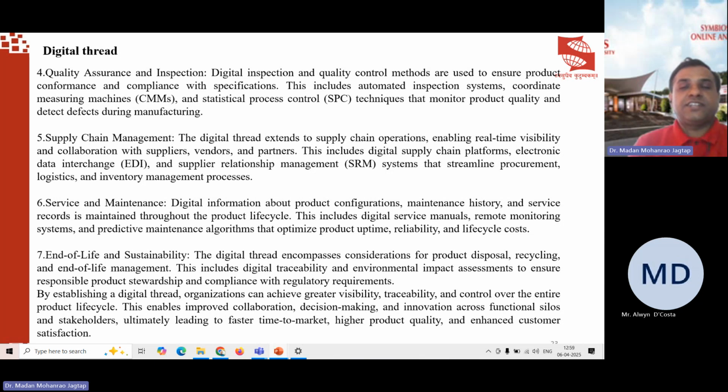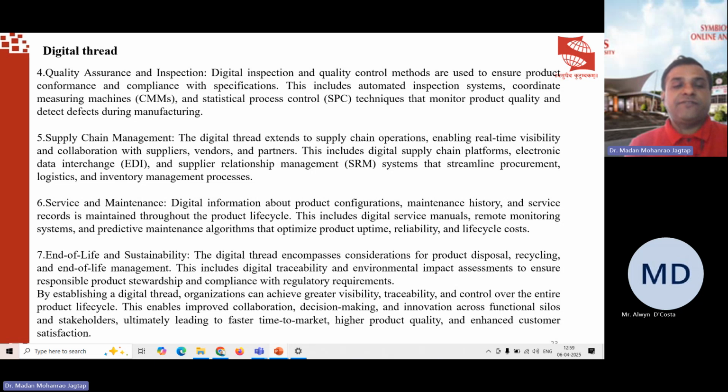Remote monitoring system: what is the condition of that product. Predictive maintenance algorithm: what is the maintenance requirement of that product. Optimize product uptime, reliability and life cycle cost. All these things are recorded in the digital thread.